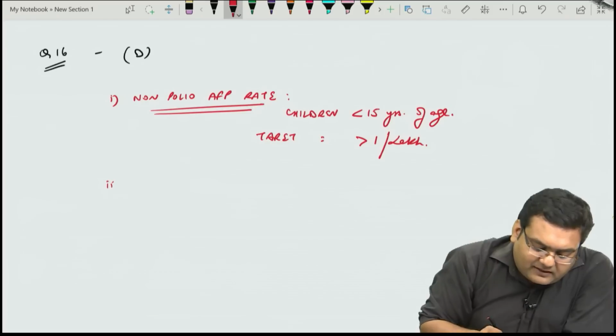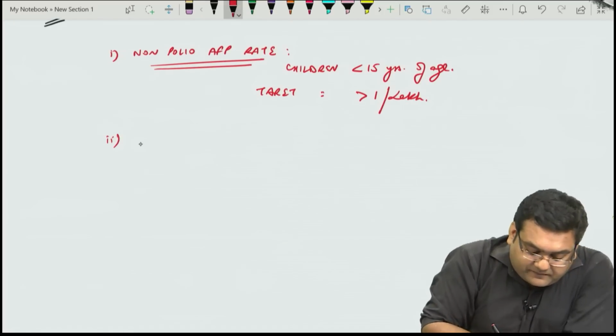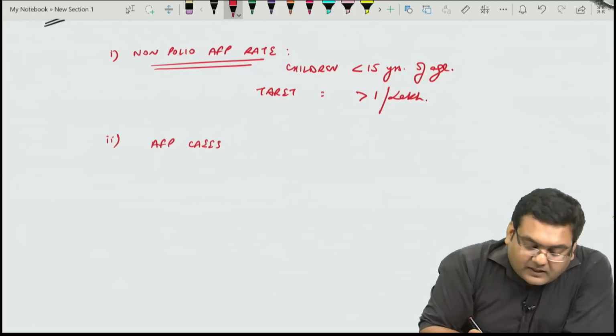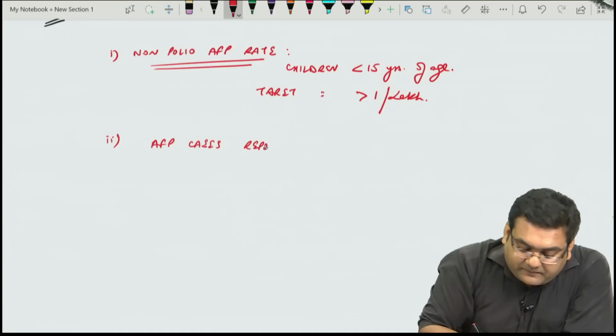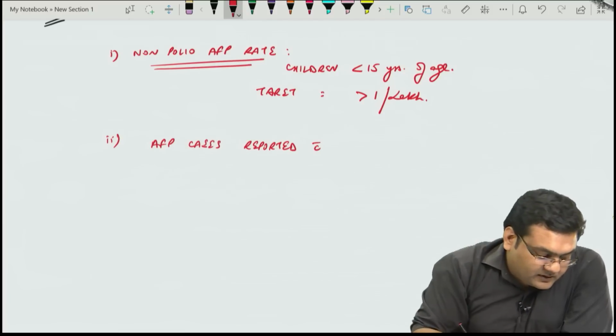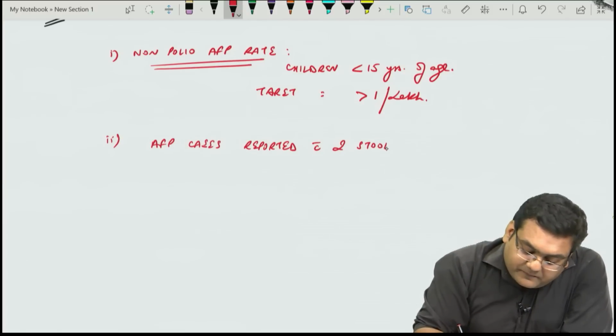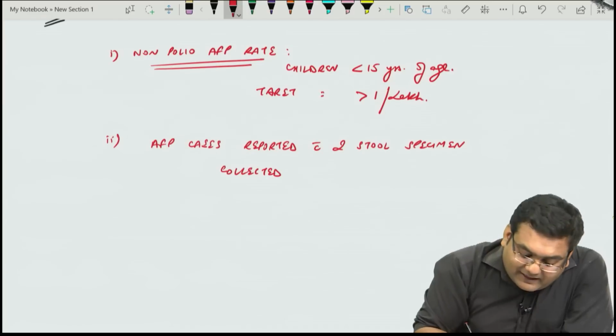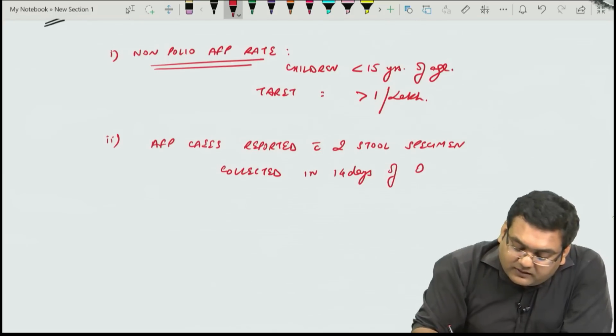Second important indicator is AFP cases reported with 2 stool specimens collected within 14 days of onset of paralysis.